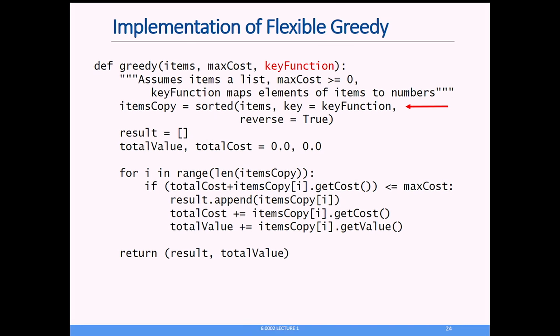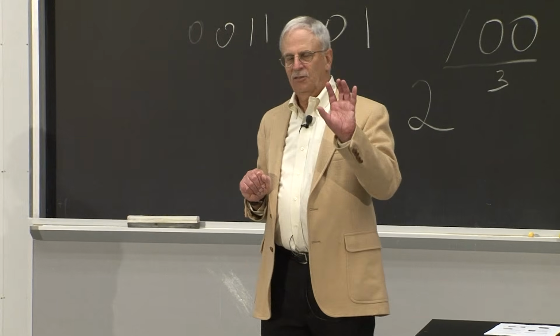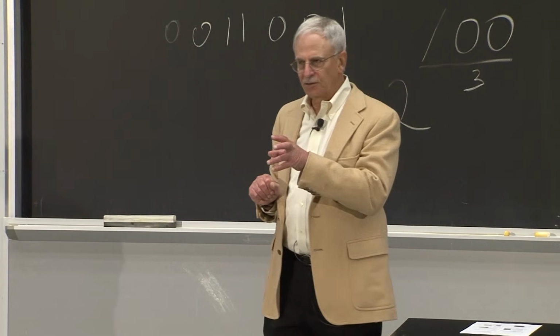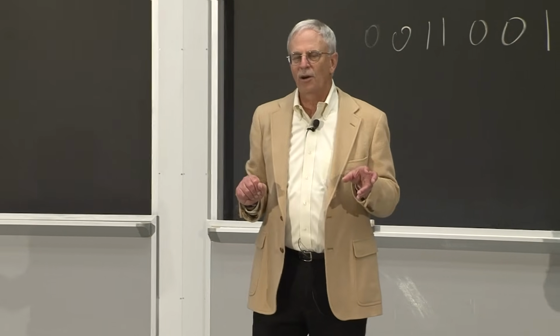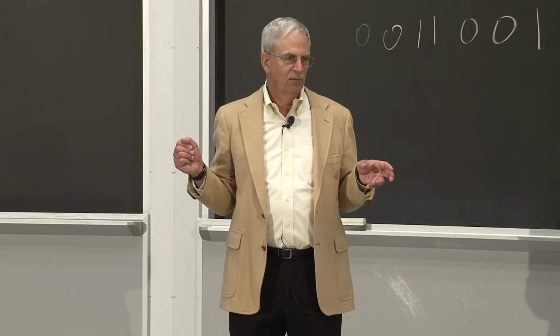That's going to map the elements of items to numbers. So it will be used to sort the items. So I want to sort them from best to worst. And this function will be used to tell me what I mean by best.